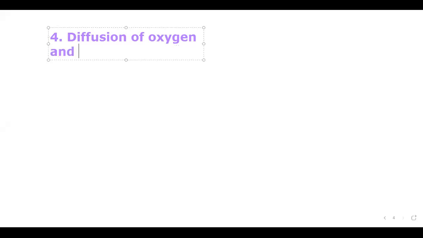Okay, number 4, diffusion of oxygen and carbon dioxide. Oxygen goes from the systemic capillaries to the tissues, and carbon dioxide the other way.